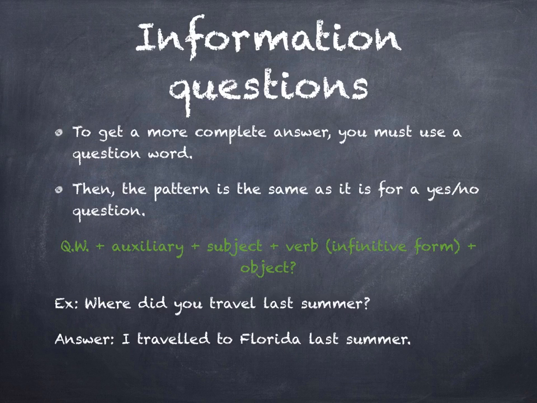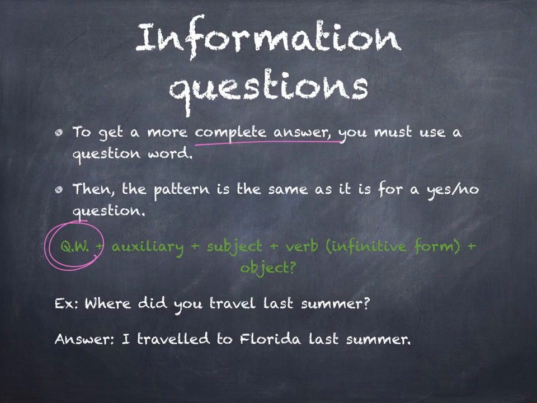Finally, the last type of question is information questions. You use that to get a more complete answer to a question you have. To do that, you must use your question words. We will review the question words right after.